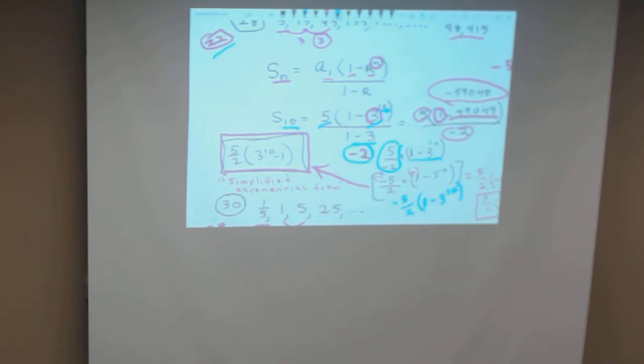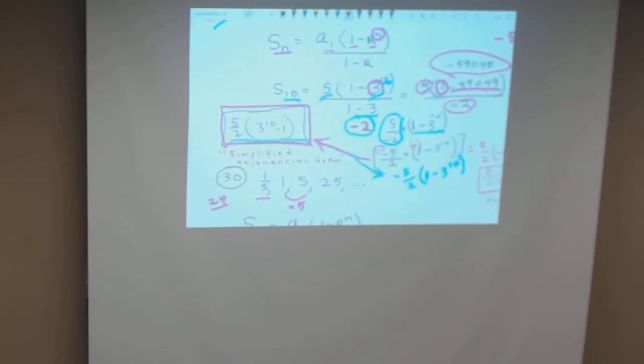Except when I looked in the answer key, this is what it had for an answer. Does this answer look like my answer? It doesn't? Well, watch what happens. If I take this times negative 1 and this times negative 1, negative 1 times negative 1 is just the same as 1, isn't it?